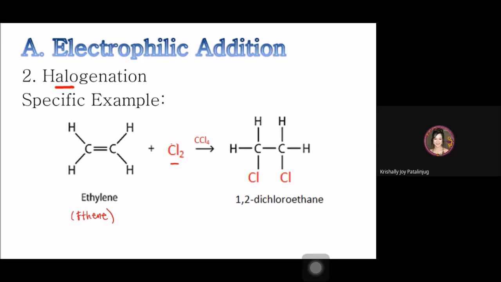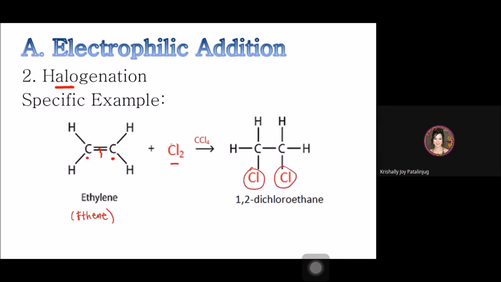After breaking the pi bond, each carbon will have an unpaired electron. So both of them will be added a Cl plus as the electrophile. That is what happened here.